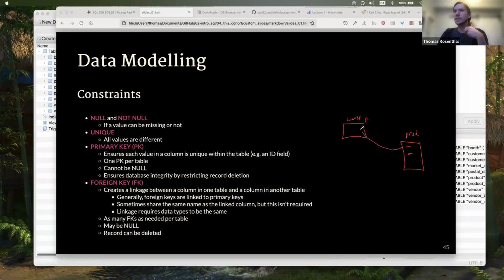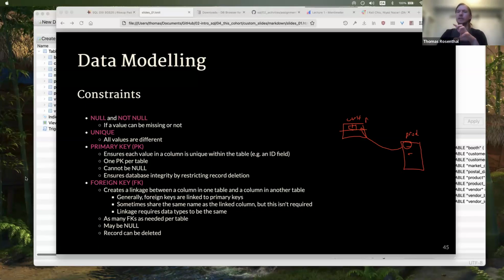The key here is going to say that if we have a record here, we can't delete the corn value in our product table if a customer has purchased corn, because it would make that corn value all of a sudden kind of a big question mark, right? So that's what this primary key and foreign key are going to be doing.